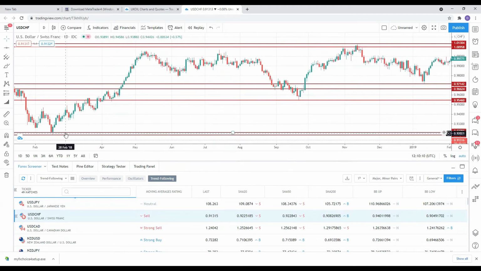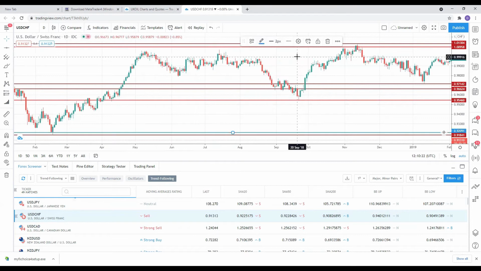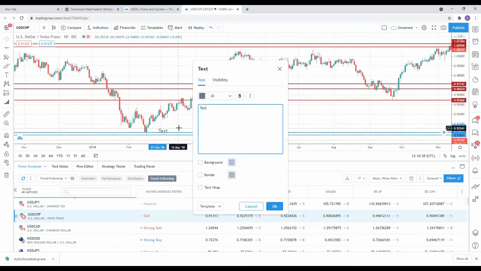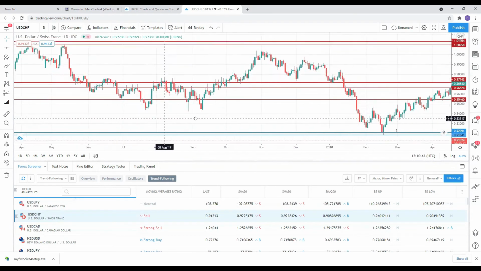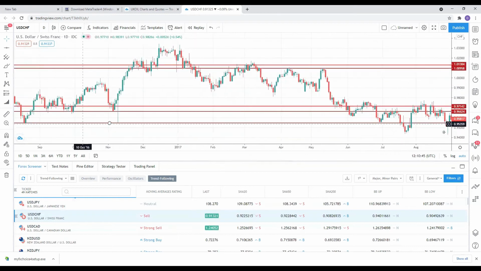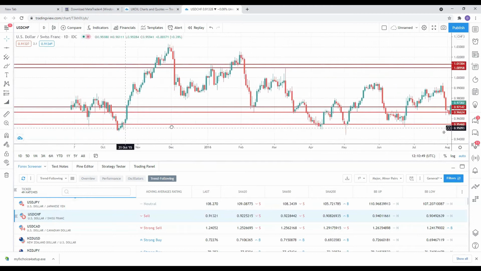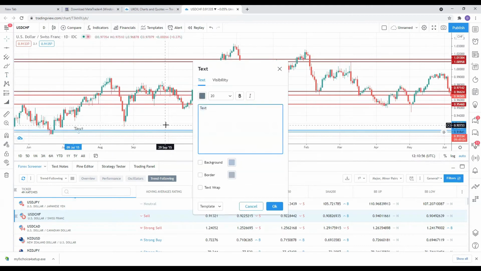Let's color the line differently. Color the line blue. So one, type in one. Two.